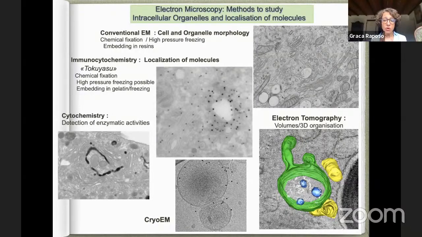Today I won't go through it, but it's also nice to keep in mind that there are now a lot of methods to do cryo microscopy. And cryo microscopy, when you are doing very high resolution methods, and as you know, there was the Nobel Prize to Jacques Dubochet about 2 years ago for the contributions he has made to cryo microscopy.